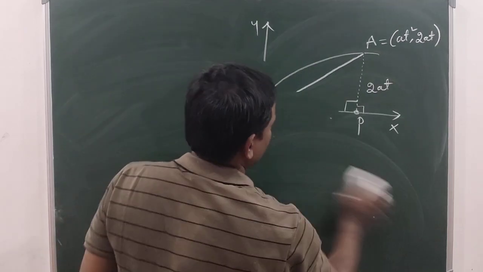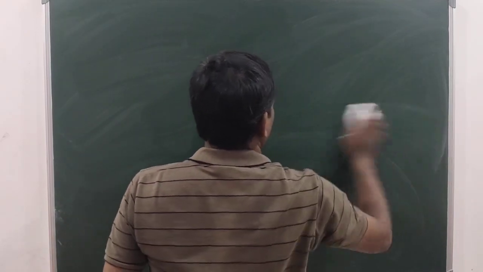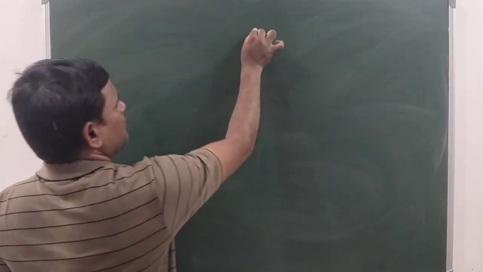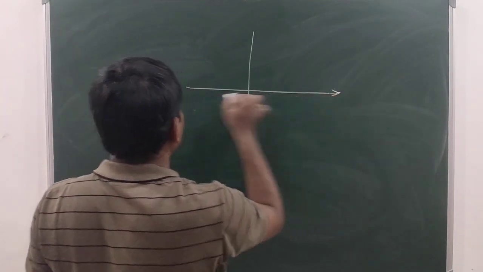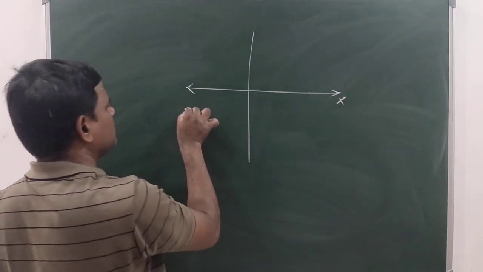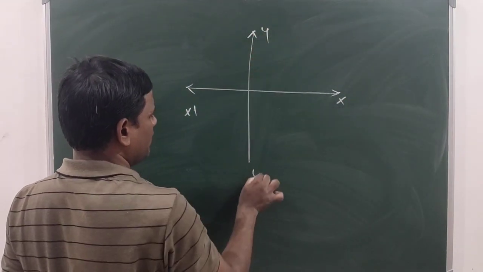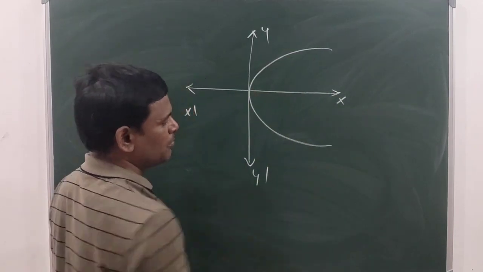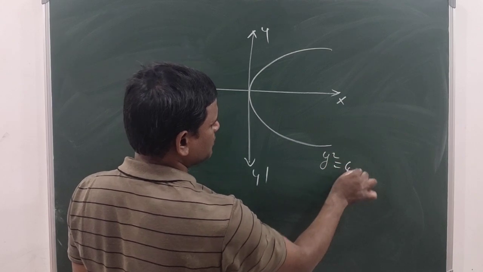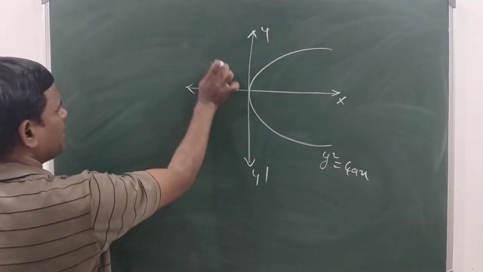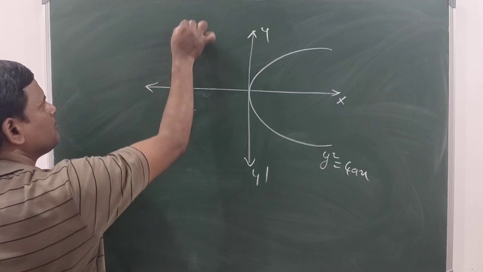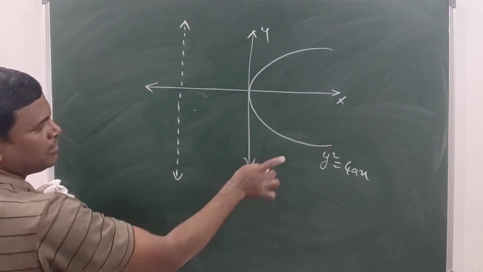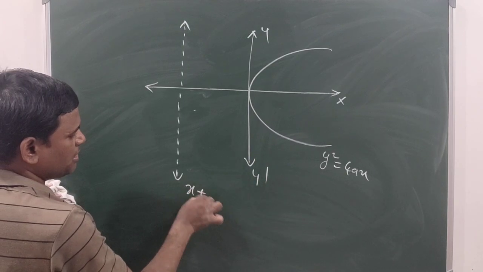See the next point. Remember, like a standard result, take the standard form of the parabola y square equal to 4ax, and whose directrix we get here. This is the equation of the directrix of that parabola, that is x plus a equal to 0.